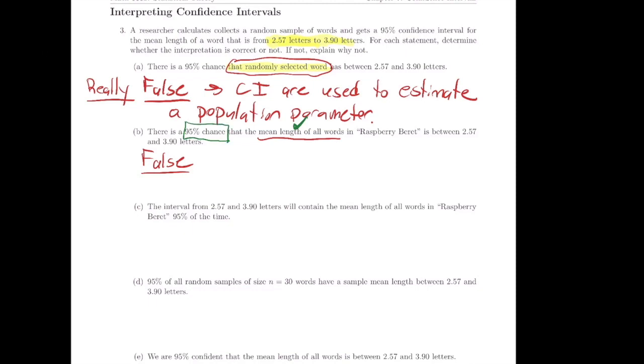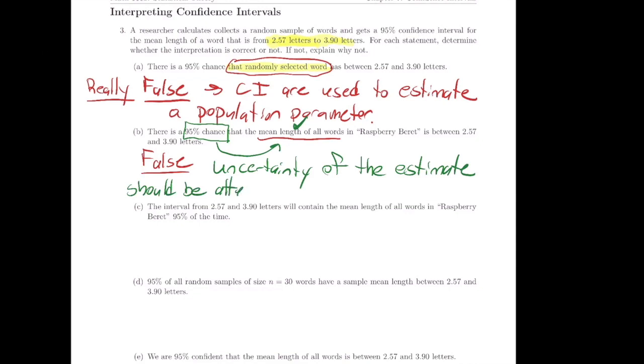So I would say this is the most subtle one. And the reason why this is false is the uncertainty here is attached to the population mean. This is going back to some of those true false questions that we started with.